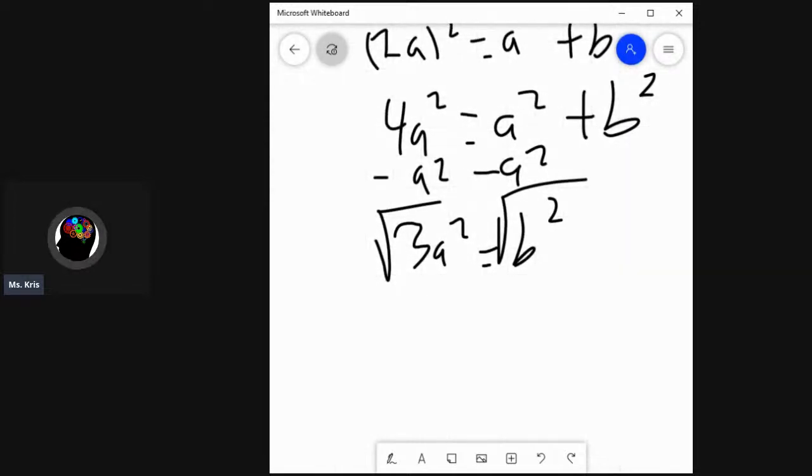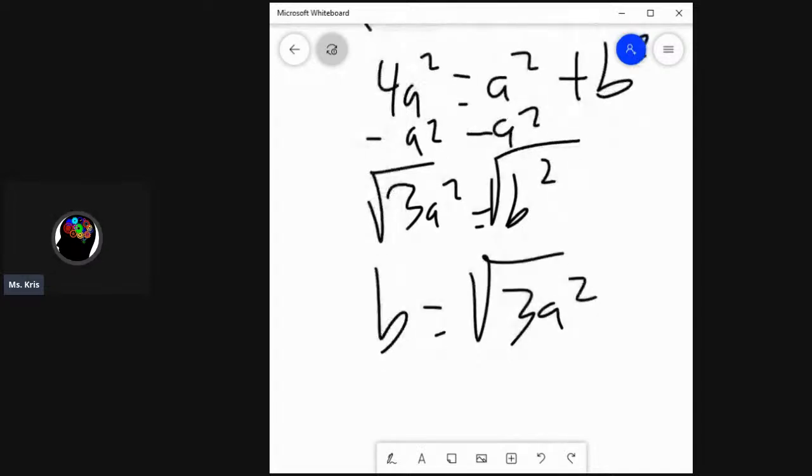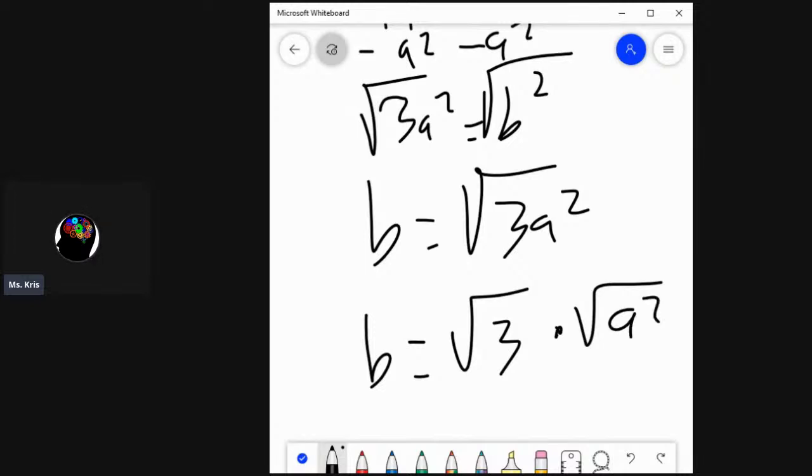And 3A, the square root of 3A squared equals B, or B equals the square root of 3A squared. We know by definition they're multiplied to each other, so I can split them apart, where B equals the square root of 3 times the square root of A squared.